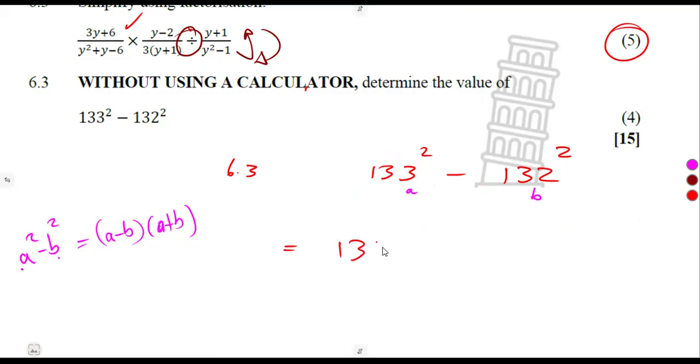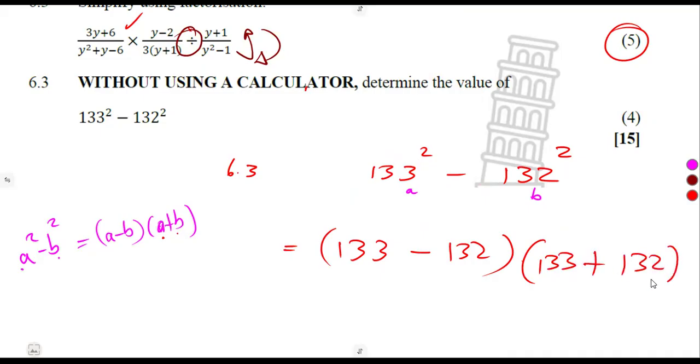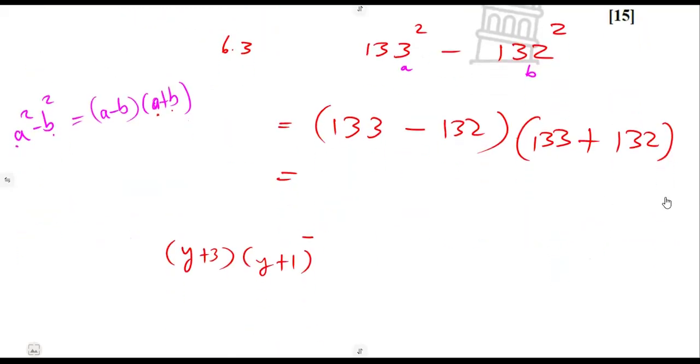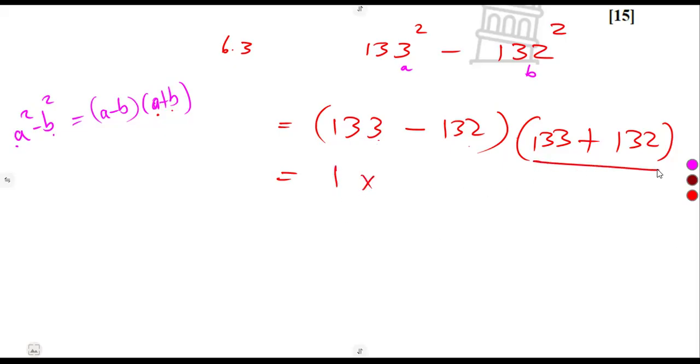So it was going to be 133 minus 132 times a bracket of what? A plus b. 133 plus 132. Just like that. So meaning to say, we are going to have what at the end? We can simplify 133 minus 132. Guys, here we know there's a difference of what? This one, 3. So that's 1. So that is 1 times, you add these.